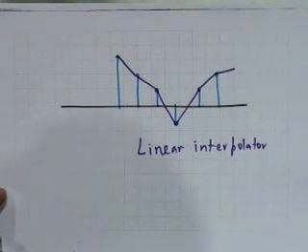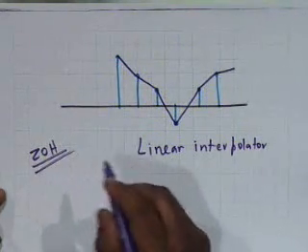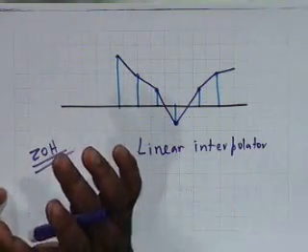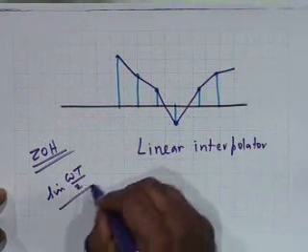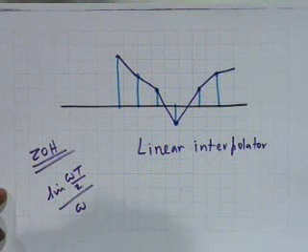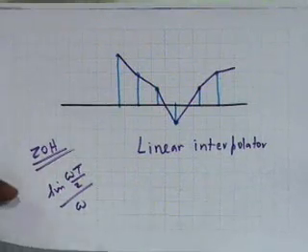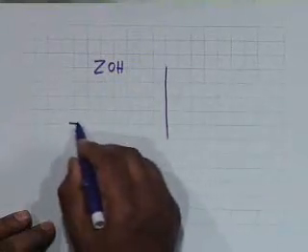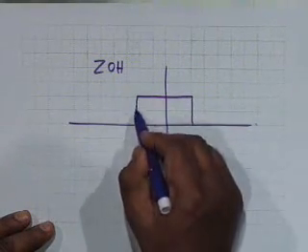In the zero order hold, what is the transfer function? Not the transfer function, the frequency response, H naught of omega, is of the form sine of omega T by 2 divided by omega. If you plot this versus omega, I want to make a point, so please follow this point carefully. For a ZOH, an ideal low pass filter is like this.